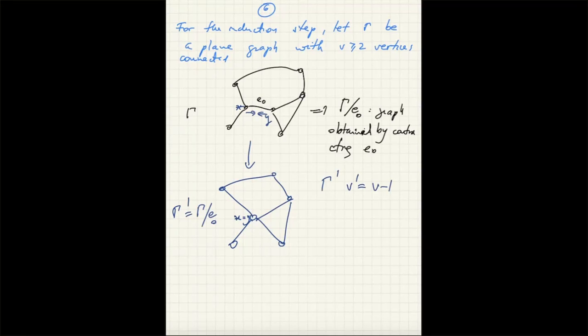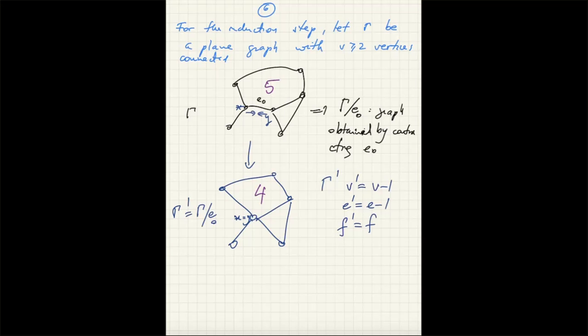The only edge that disappeared is the edge E0, so E prime is E minus 1. And the number of faces stays the same. As you see, the one that had cardinality 5 here became one of size 4, but everything else stays the same. So F prime is the same as F.